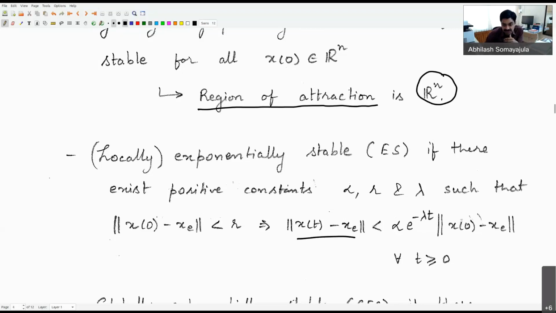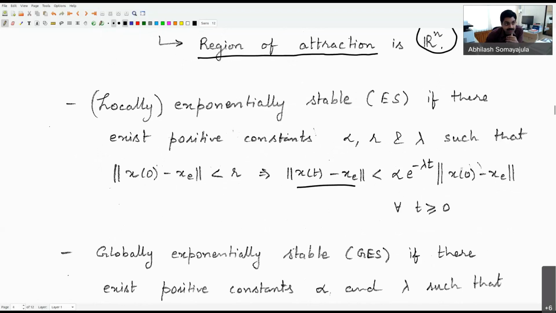In this case, the bounding rate is actually lambda. Okay, is that making sense? That's where I call it locally exponentially stable.